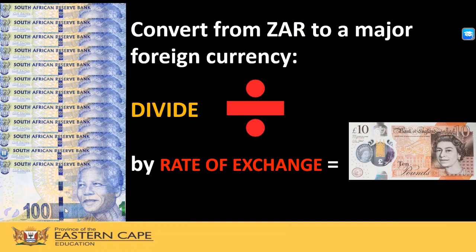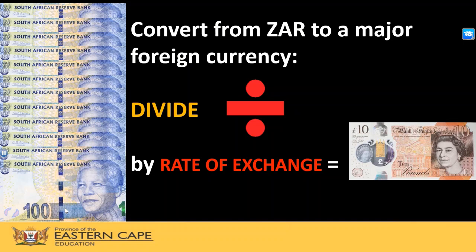But you might be given an exchange rate or currency rate sheet that has the euro on it, and you might be given one that has the US dollar as well. And you must be able to determine which currency you are working with. Okay, so let's go back to where we started.